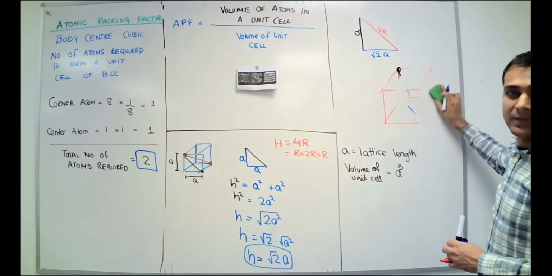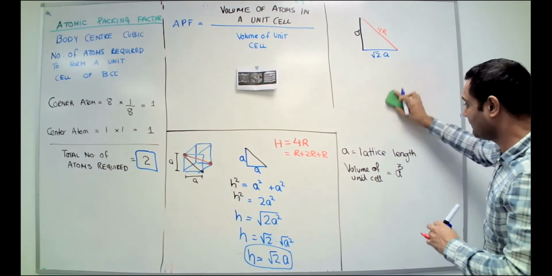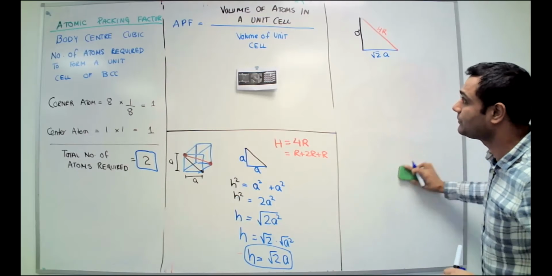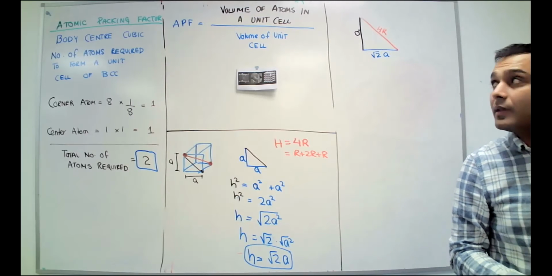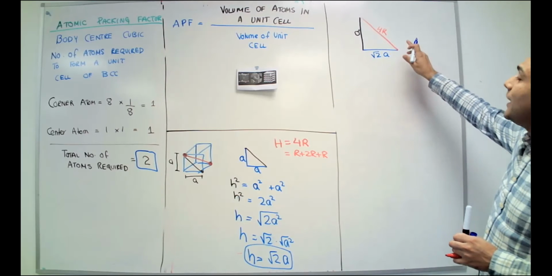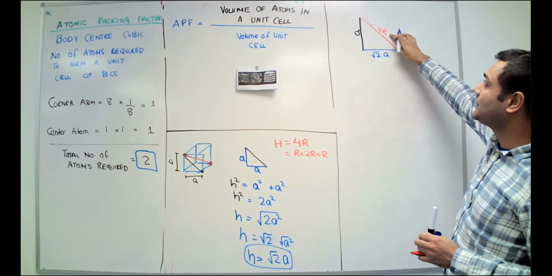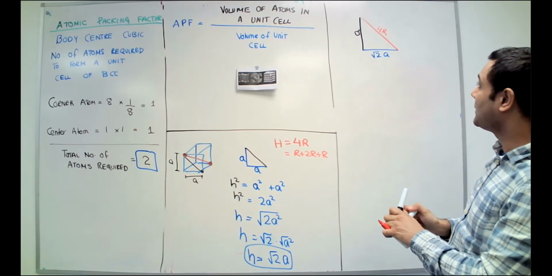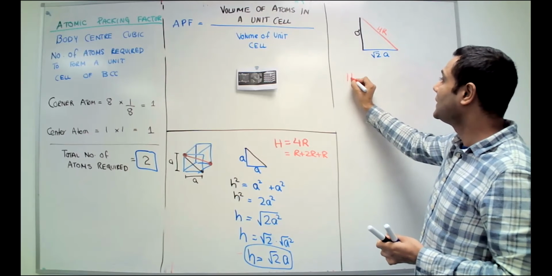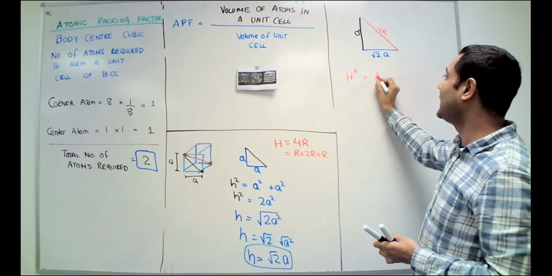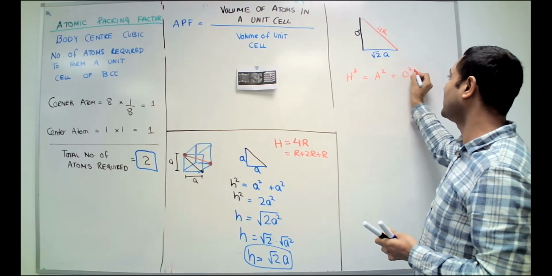Now I'm just going to clear the screen. Now I want to find out the 4R. This is the hypotenuse. So I'm going to use Pythagoras theorem, which says hypotenuse squared equals the adjacent squared plus the opposite squared.